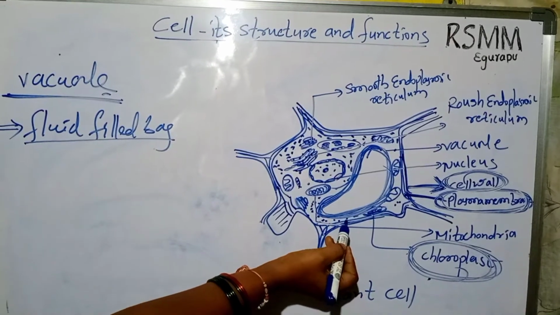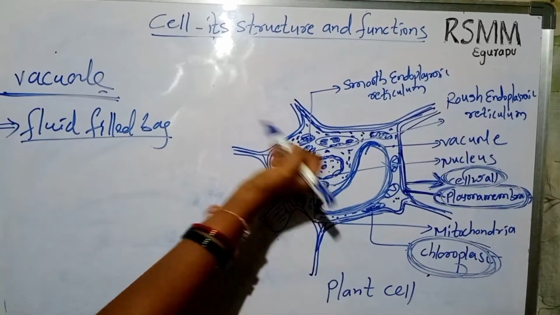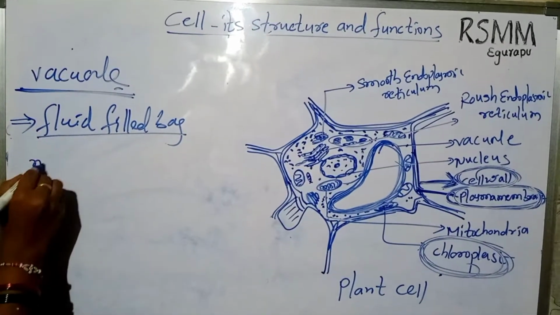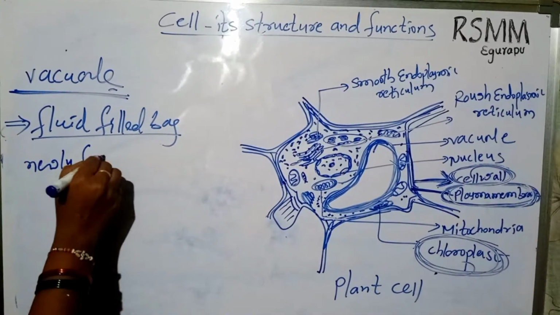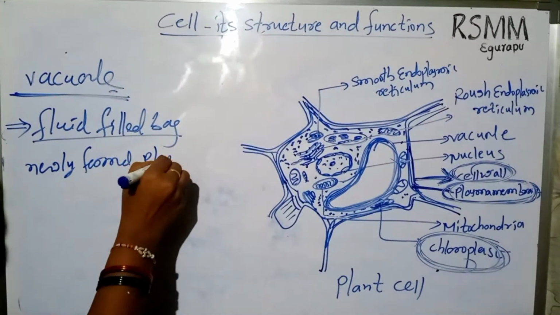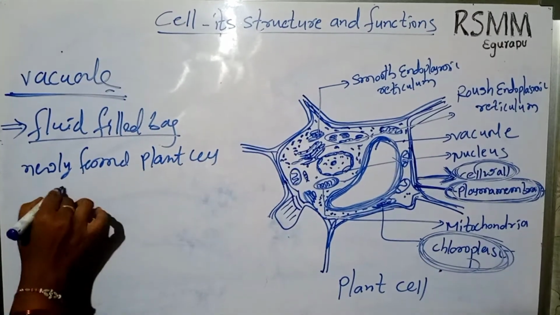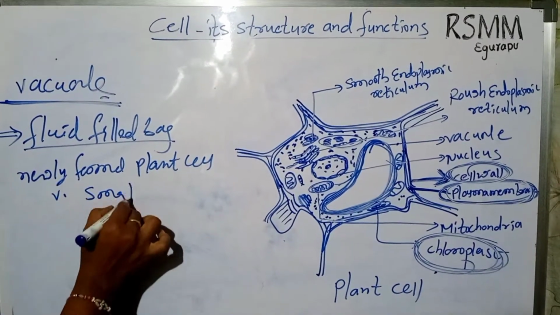In a newly formed plant cell, the vacuoles are small.